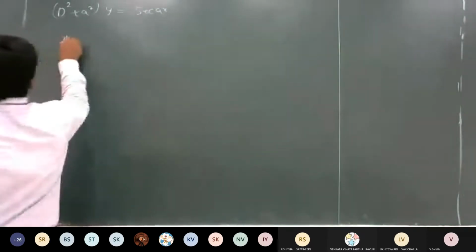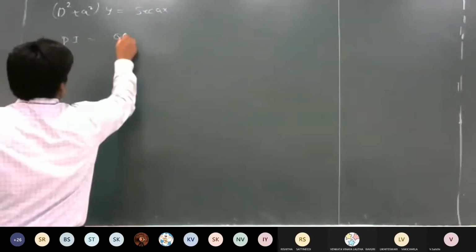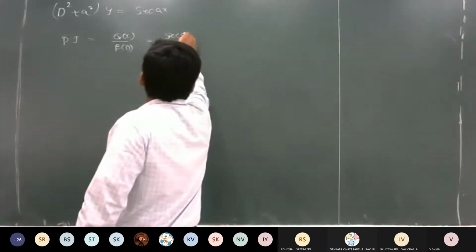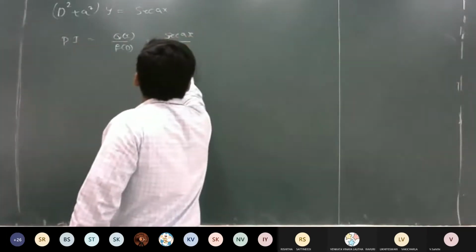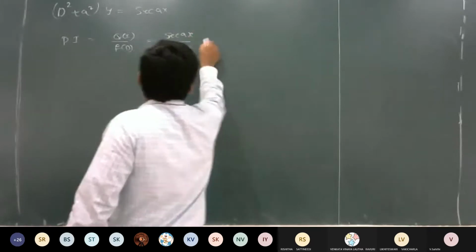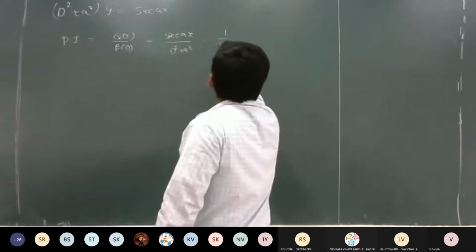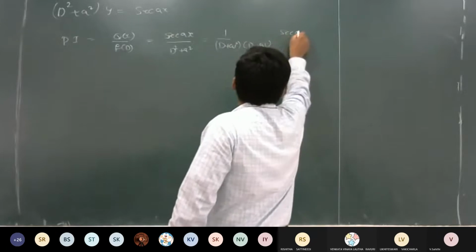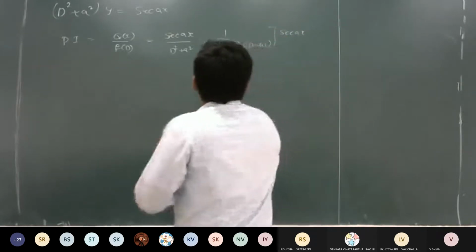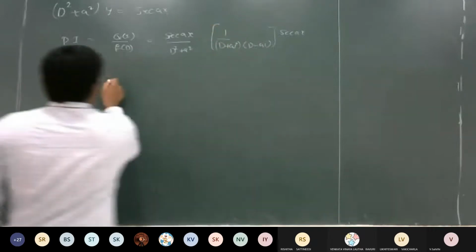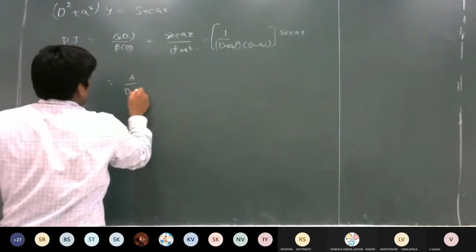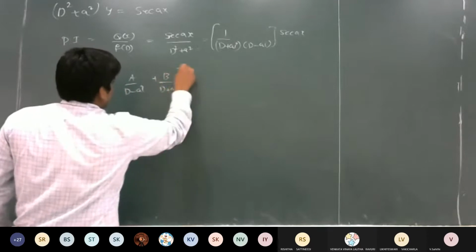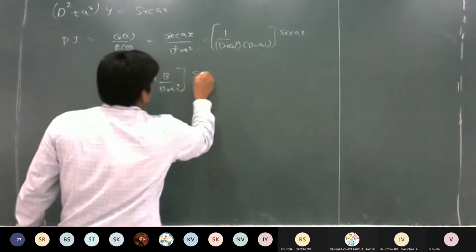The particular integral is equal to Q(x) by f(D), that is, sec ax by (D² + a²). That equals 1 by (D + ai)(D − ai) times sec ax. Write it as A by (D − ai) plus B by (D + ai), times sec ax.